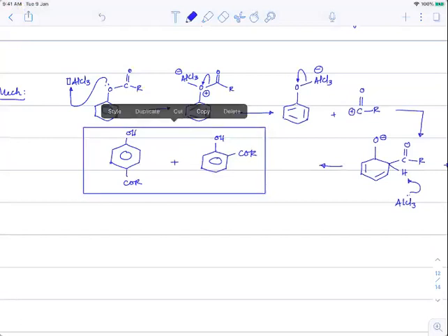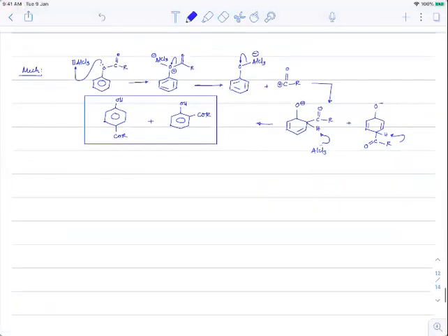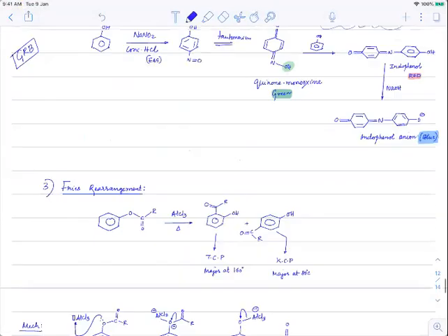So that's how these are the final products, beta. So that is about Fry's rearrangement, how it is happening. So these are the oxidation reactions. These three are oxidation reactions.